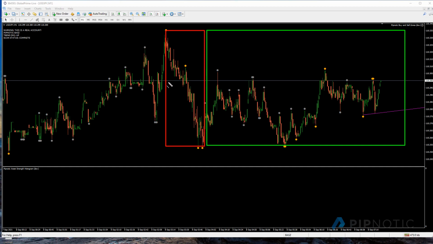Mark off the middle of the box. You don't have to do this, but just for the sake, that's maybe a little bit higher. Okay, so now we've done that, so we've found the origins. This is the origin of this move, and this is the origin of this move.